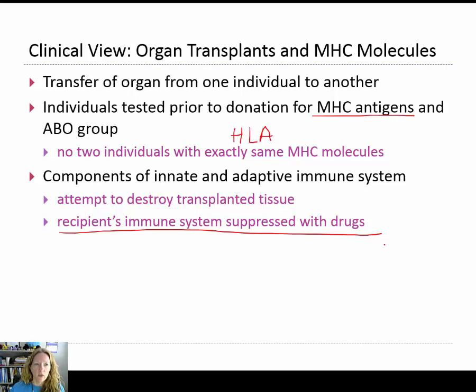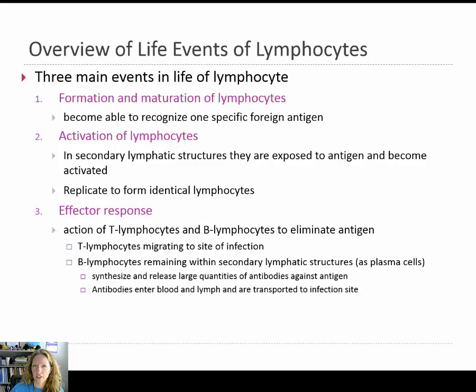So let's finish up this long video by taking a look at the overview of the life events of the lymphocytes. And this is kind of going to set the stage for us as far as what we're going to be looking at for the rest of the sections.